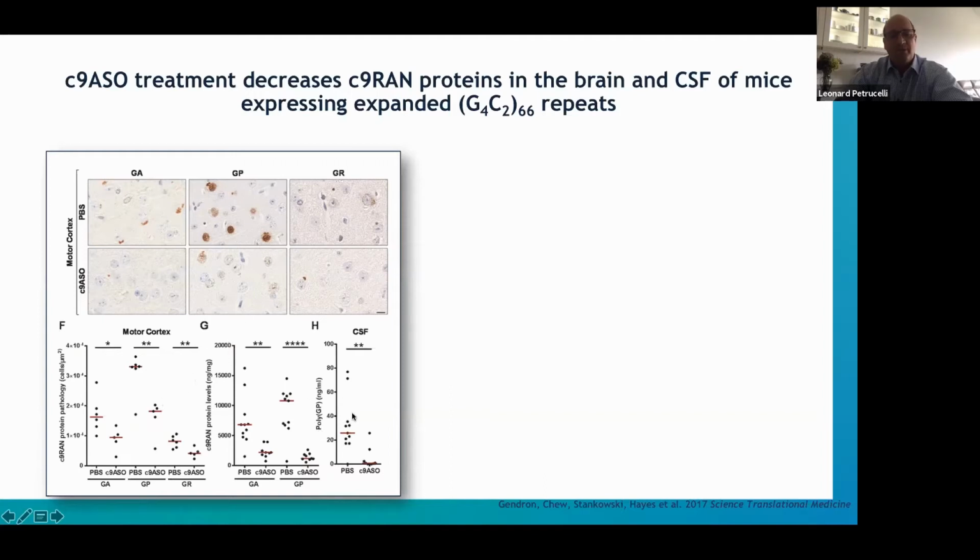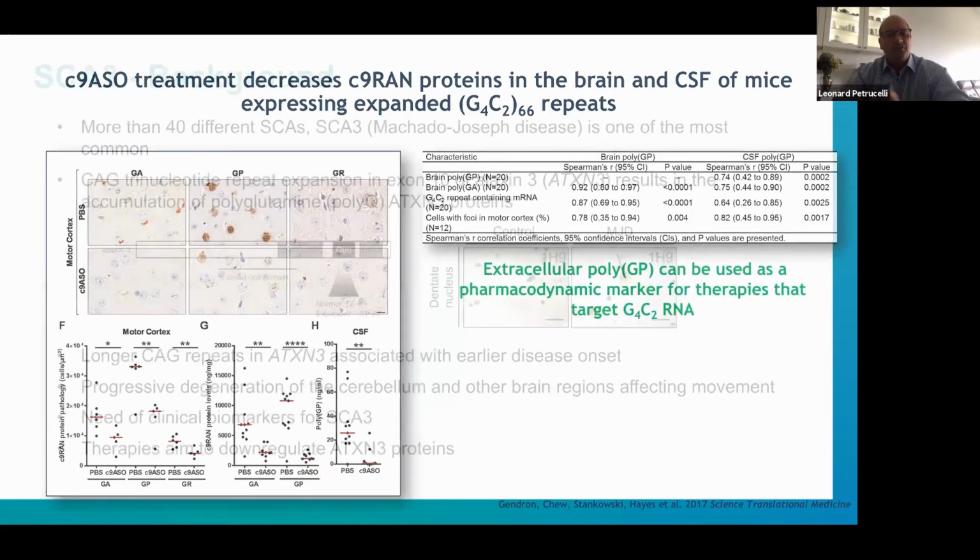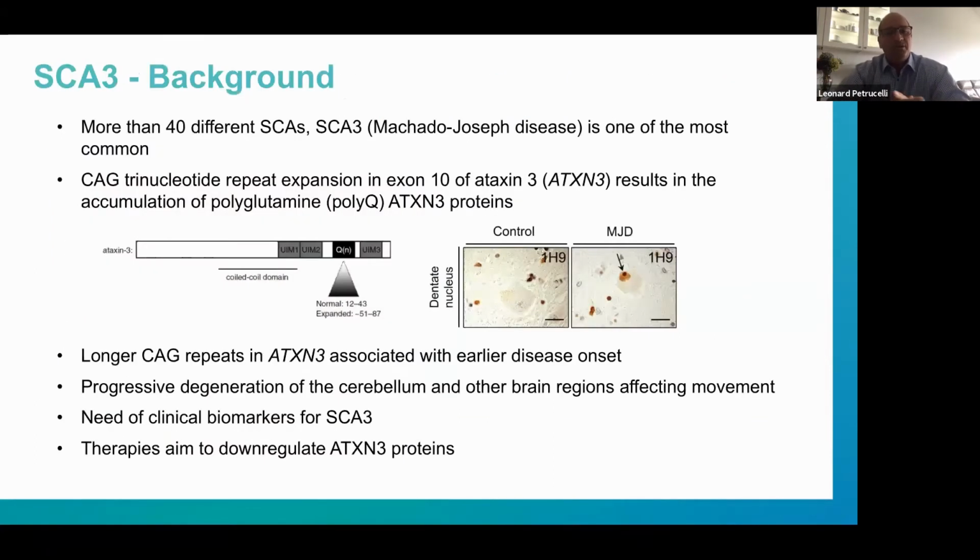But more importantly is that we were able to show a significant reduction in the CSF. So this work really prompted and somewhat set the framework, which is also being included in a recent clinical trial for C9 ASOs, that you might use this as a marker for target engagement. And so that led us really to, are there opportunities in SCA3 for us to potentially exploit?